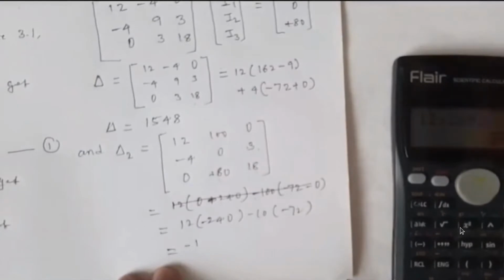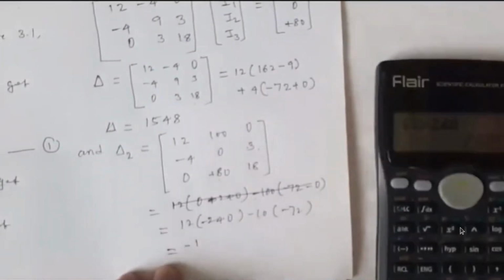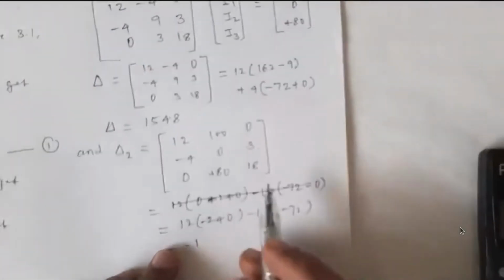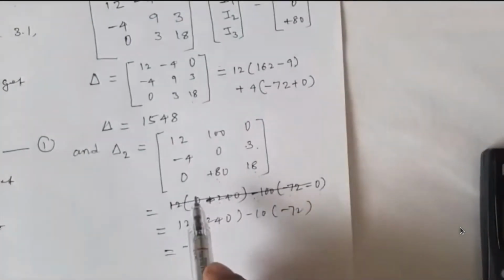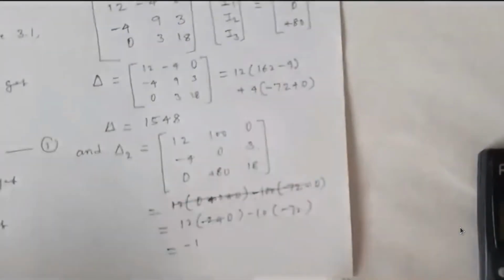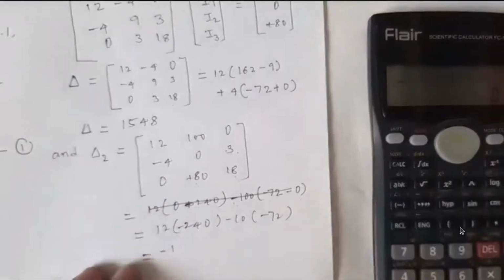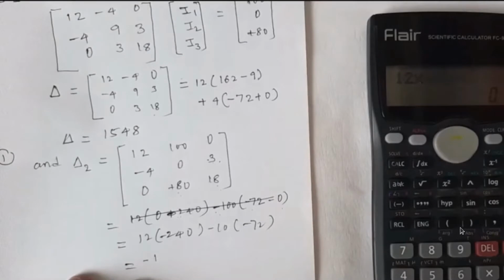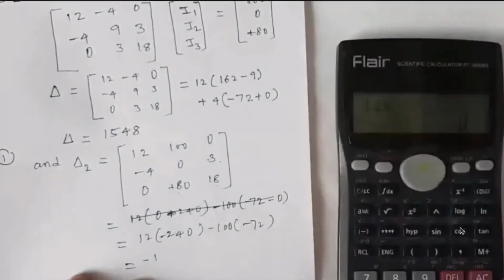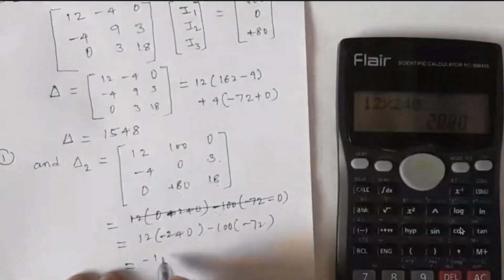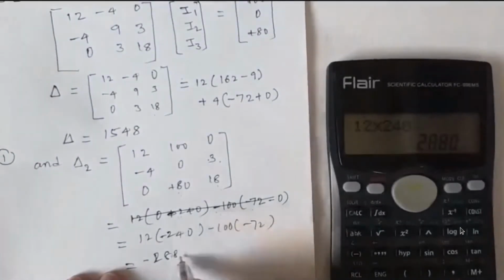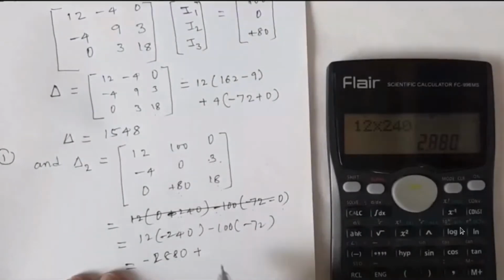It is this much, and this is plus of. Have I written everything properly? Okay, right. So this is 100 only. 12 into 240 is equal to minus 2880, right? And minus into minus is plus, this is 7200.